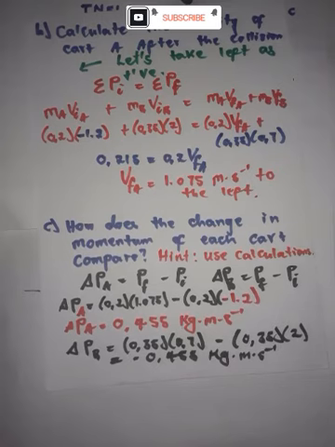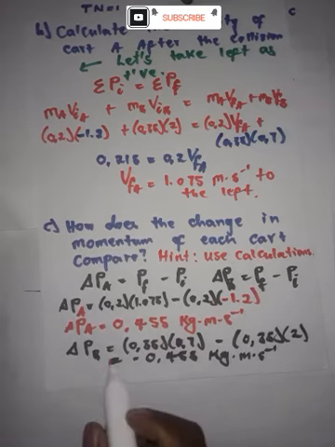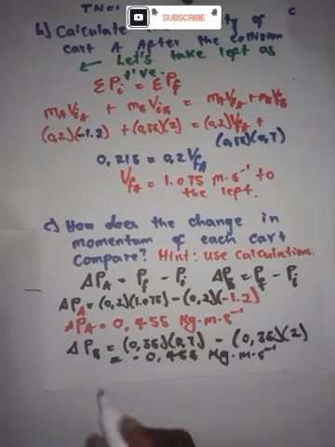So momentum initial is equal to momentum final. That's why the change in momentum of these objects, since they were in collision, must be equal and opposite for each and every object, only if the system is isolated. So how they compare: they are the same.